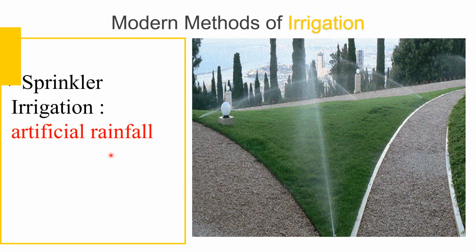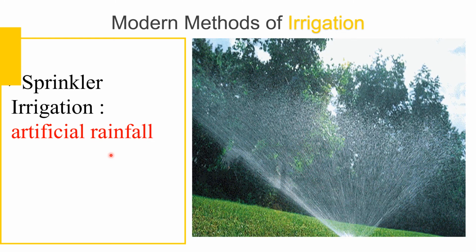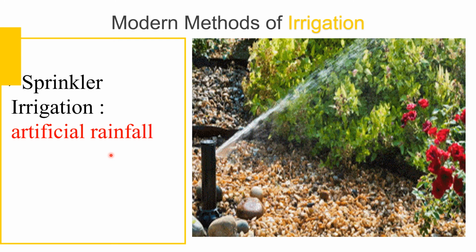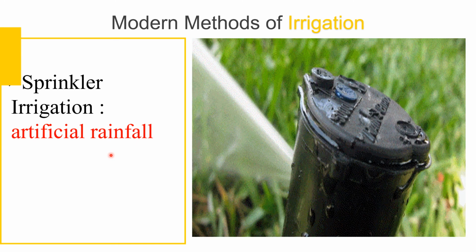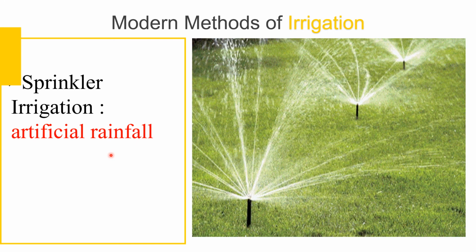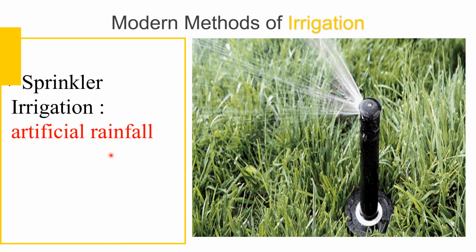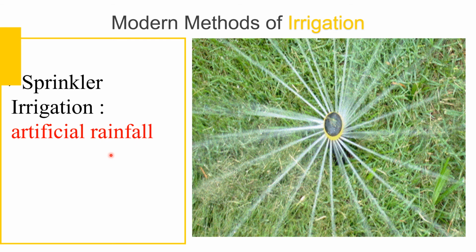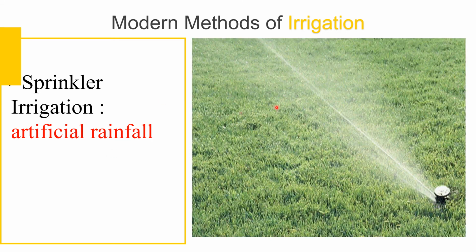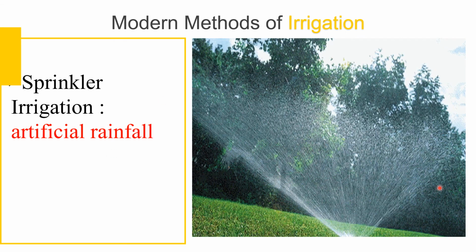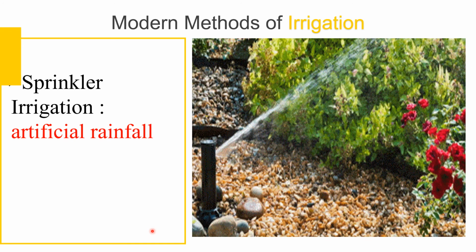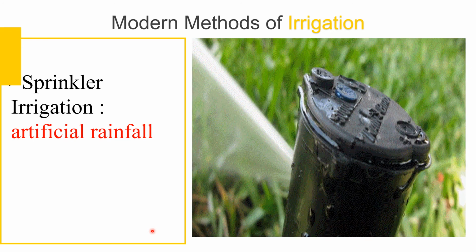Perpendicular pipelines having rotating nozzles at the top are joined to the main pipeline at regular intervals. When water from the tube well is allowed to flow through the main pipeline under pressure with the help of a pump, it escapes from the rotating nozzles, as you can see in this picture. This is the rotating nozzle. And the water gets sprinkled on the crop plants as if it is raining.